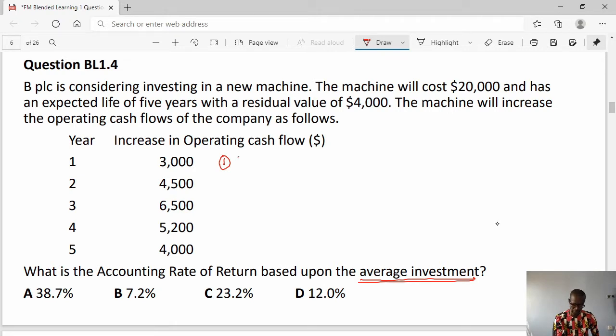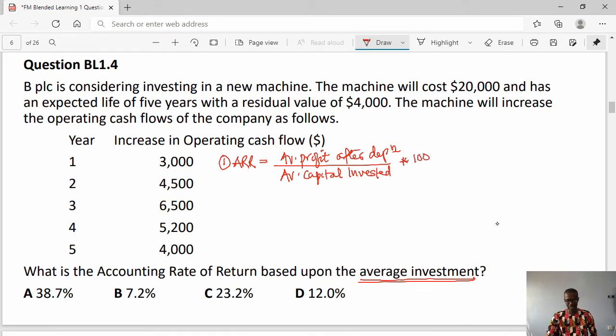So accounting rate of return using the average method is the average profit after depreciation divided by the average capital invested, times 100.